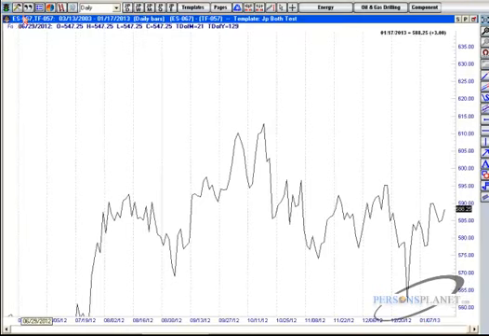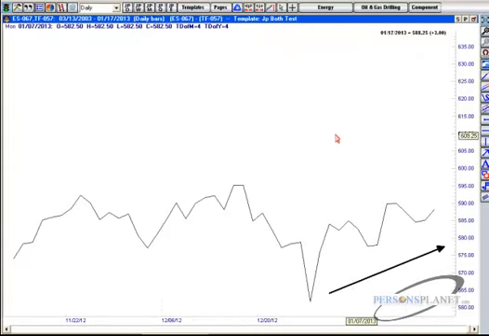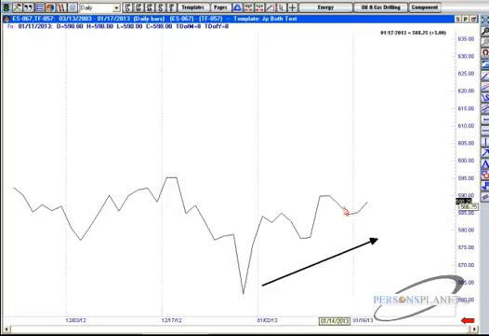If the S&Ps, which is the first symbol that we use, is going to outperform the Russell, then this chart goes up in value. Right now, as you can see, the chart is in an uptrend.